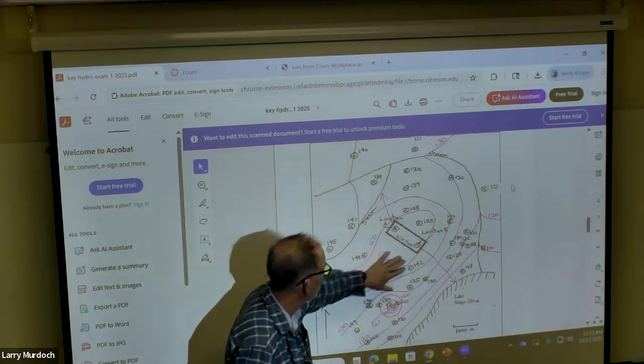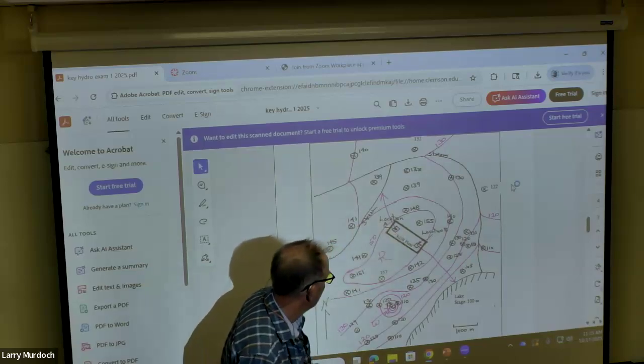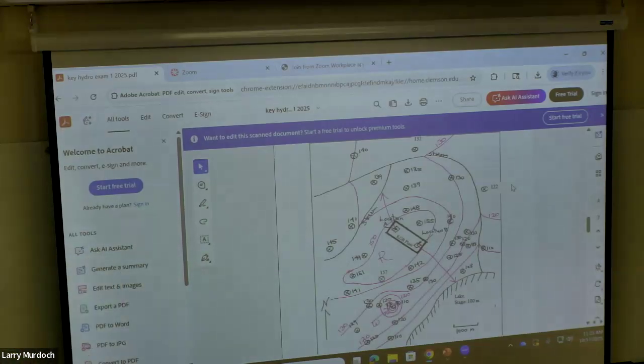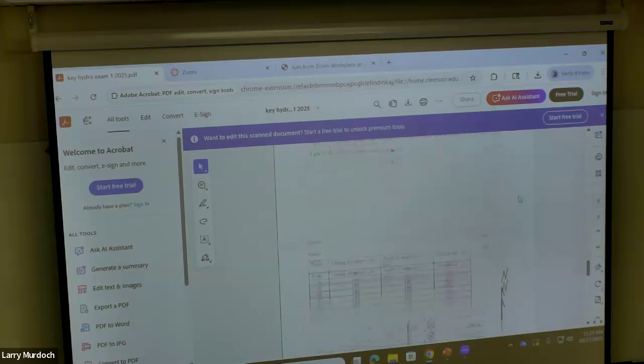The recharge zone is here. This is a big mound, which is the characteristic of the recharge zone, and there's the well. Any questions there? So here's the 3-point problem.